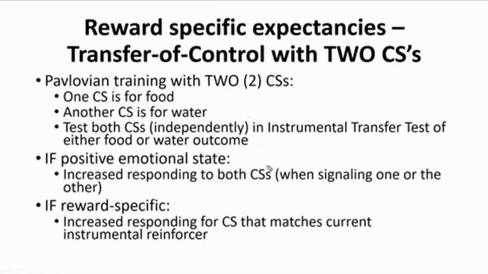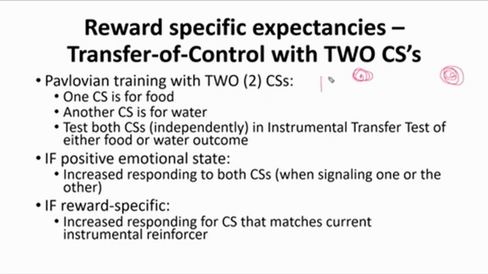And as I said before, we can do either our instrumental conditioning or our Pavlovian conditioning first. So let's start with the order that the text lists here, which is starting with our Pavlovian. So we have a CS, one for food and one for water. We'll consider an operant box, and we'll have on the left side a light, and on the right side a light.